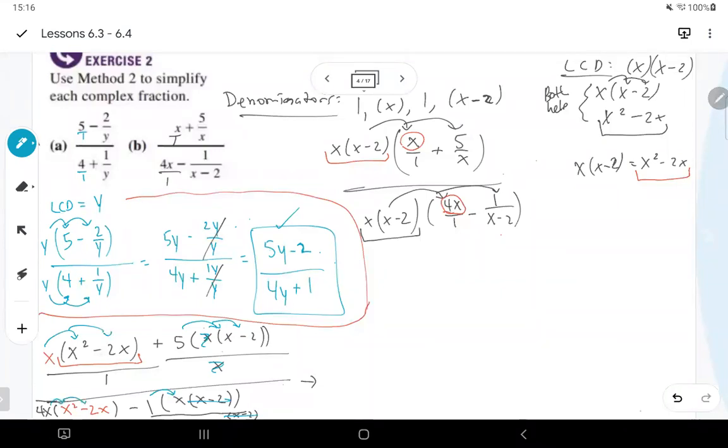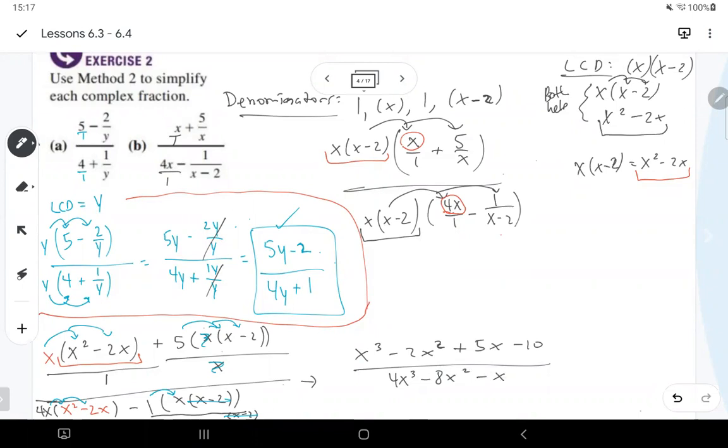All the denominators are gone now, so we should end up with x cubed minus 2x squared plus 5x minus 10 all over 4x cubed minus 8x squared minus x.